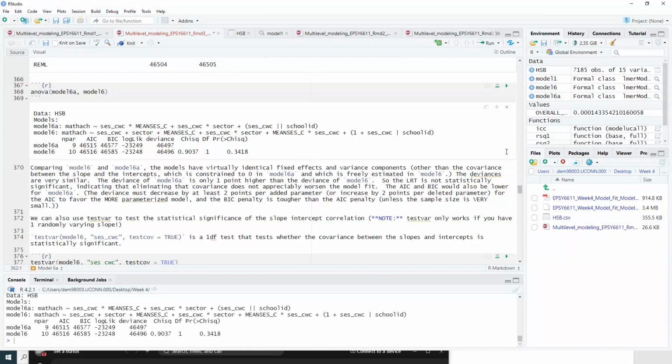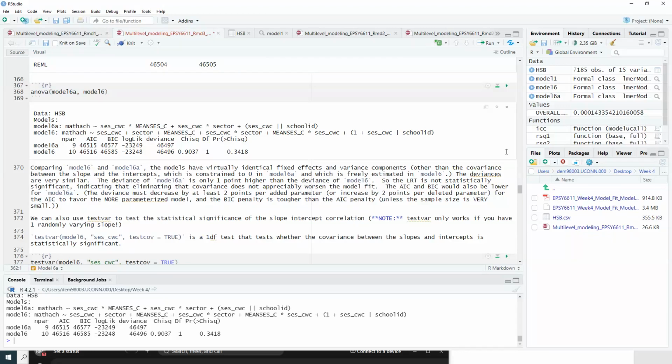So that means that getting rid of that covariance basically fits as well as the model where it had the covariance, right? So I would favor the simpler model. Now that I've done this test, it probably would be reasonable to not estimate the unstructured model, right? Because as you can see, the deviance changes almost not at all when I do that.